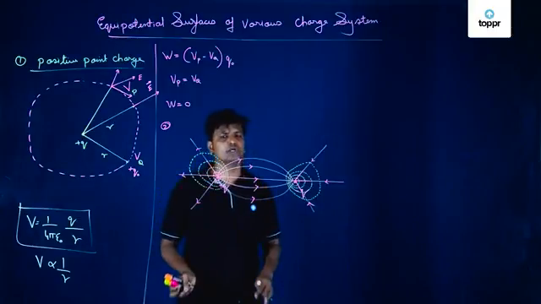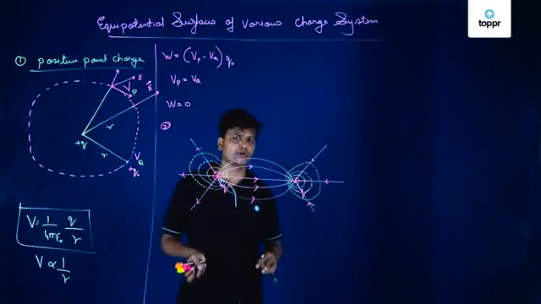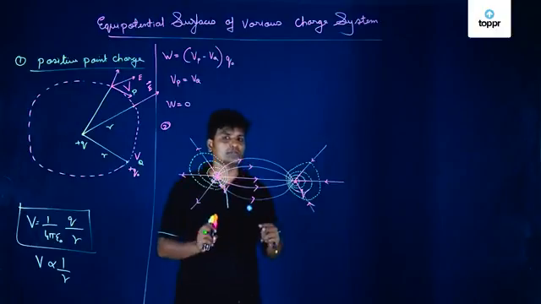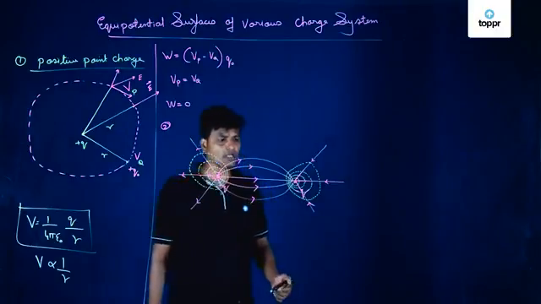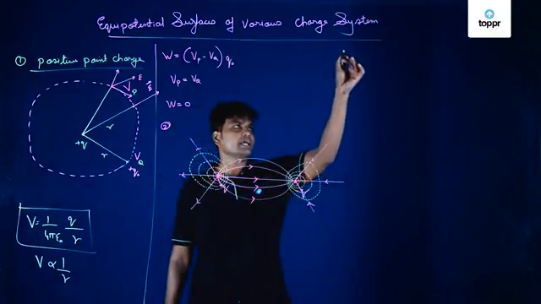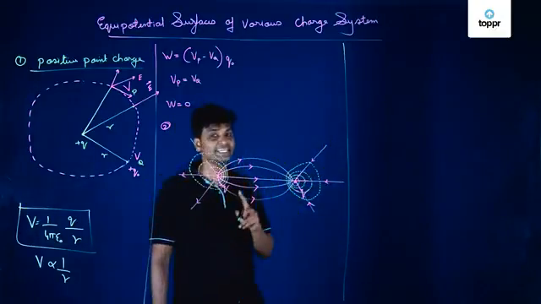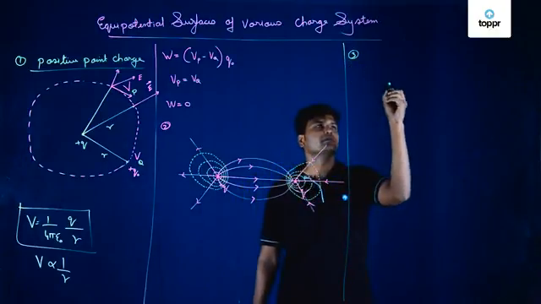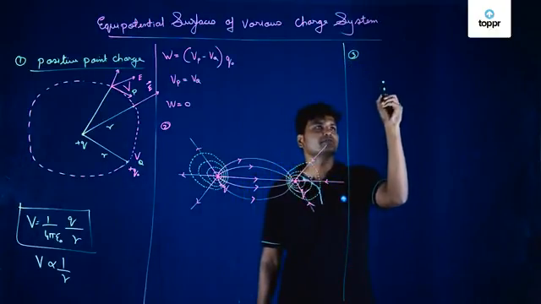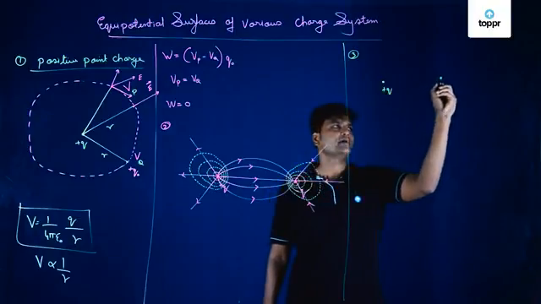In the same way, you can find out equipotential surfaces for two charges having the same polarity. Let us find that out. Now we have two charges having the same polarity, a positive charge and another positive charge.